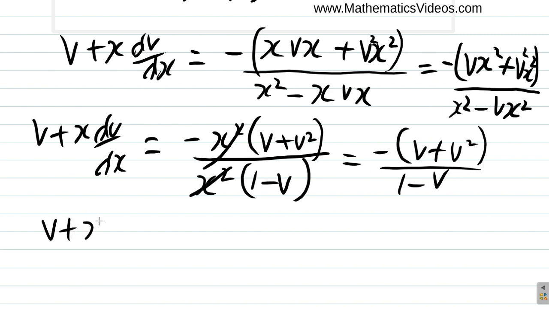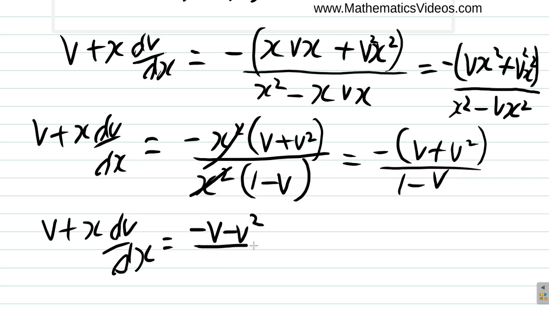So v plus x dv by dx equals, what happened here now? You could put negative, if you open the bracket, that's negative v minus v squared over 1 minus v.